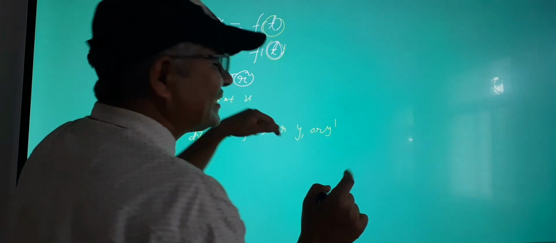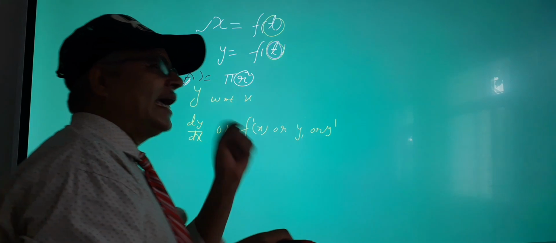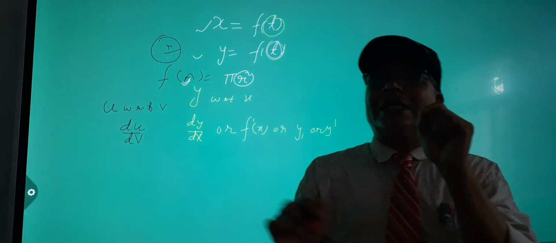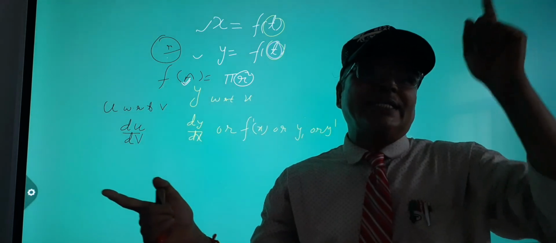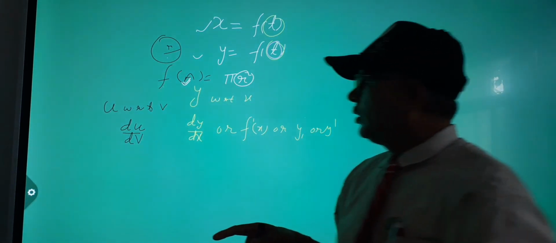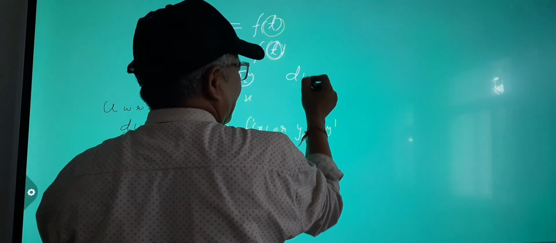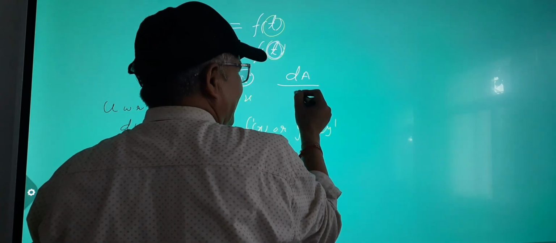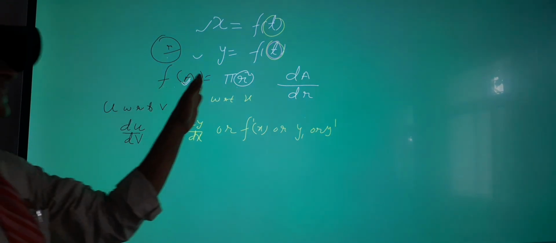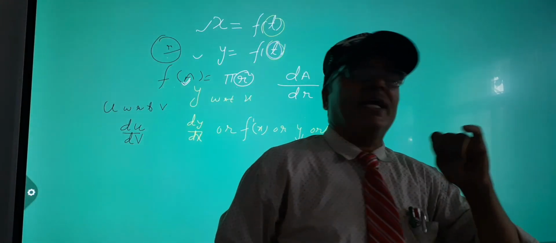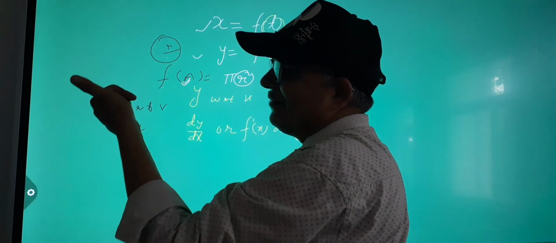If you want to write these words in terms of differentiation, it is the symbolic representation of change in one quantity with respect to another. Remember that the change should be very small. In the form of derivative, that is dA upon dr, since area is varying with respect to radius.